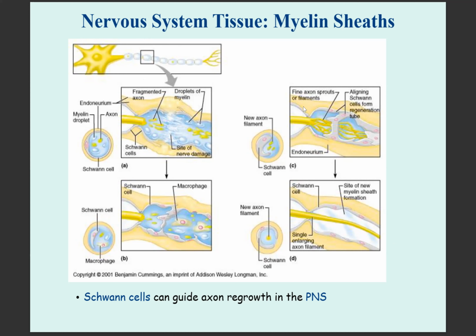So fine axons will sprout to join each other. And then the axons will also align, forming the myelin around them. So aligning Schwann cells from the regeneration tube will form so that they could cover this. And eventually you have your axon, and then the site where new myelin is formed.